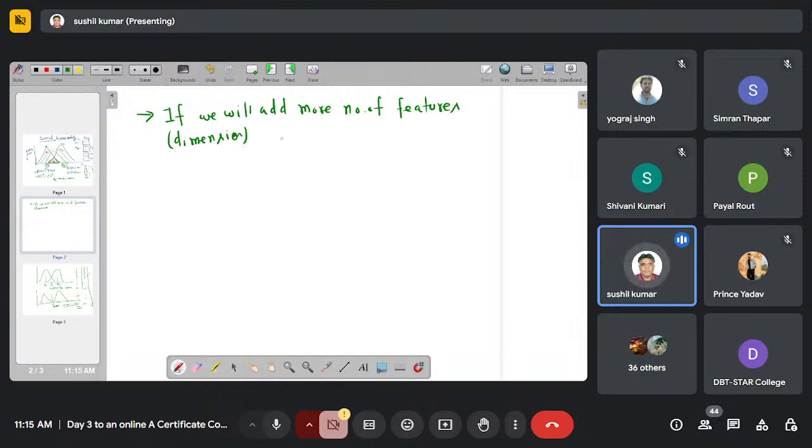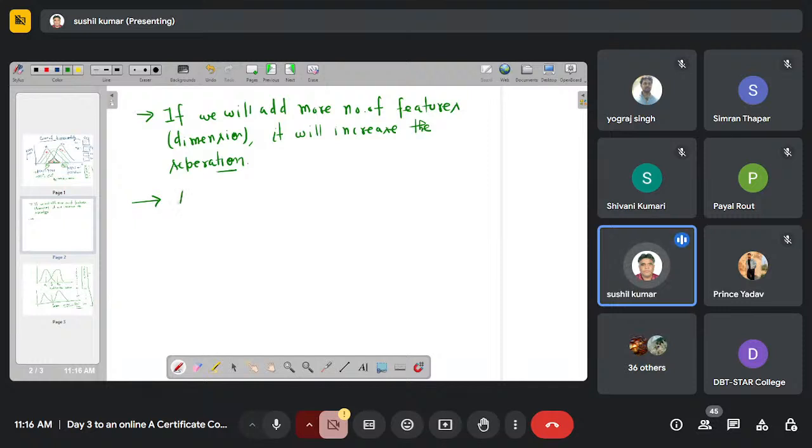So if you add more features or dimensions, what it will do, it will increase the separation. Okay, it will increase the separation, and if it increases the separation, then prediction will be easy. So this is one statement here.